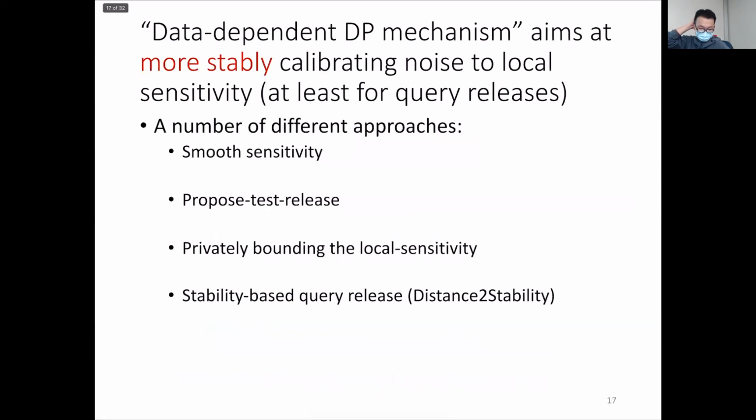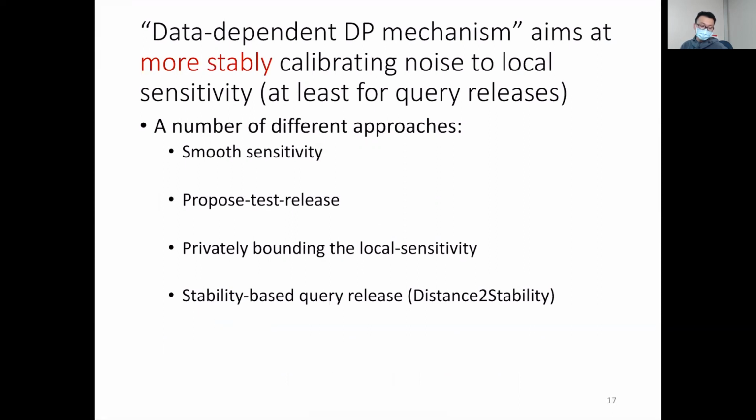On the other hand, calibrating noise according to local sensitivity is behind our idea of wanting to design something that's data dependent, right? If we do things that are data independent, we're only adding noise according to global sensitivity, which is completely oblivious of the actual data set that we have. That defeats the purpose of data-dependent differentially private mechanism design, right?